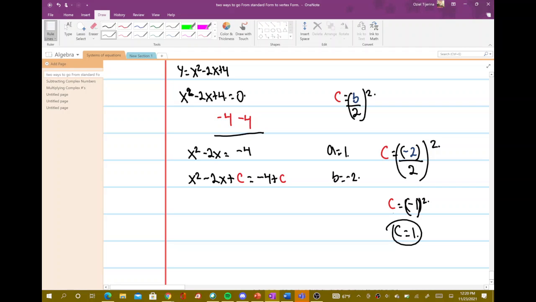So then we have x squared minus 2x plus 1 equals negative 4, and then we add c to both sides. We know that c is equal to 1, we already solved for it right here. Plus 1 right here. So it's going to be x squared minus 2x plus 1 equals negative 3.